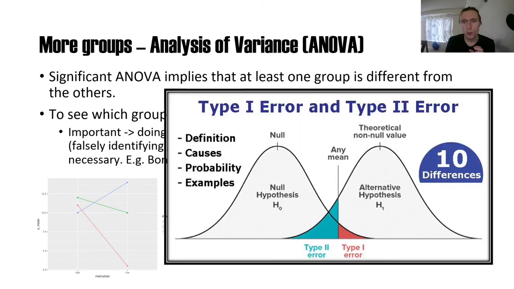And when you compare those type 1 and type 2 errors, those are related with each other, right? Because if you are very strict on your type 1 error, you say, I'm only going to call something significant if it's smaller than 0.000001%, then, of course, the chance that you didn't find something significant that actually is starts to increase as well, right? So there's always a balance between type 1 and type 2 error. So that's why we often go with a type 1 error or a significance level of 0.05.